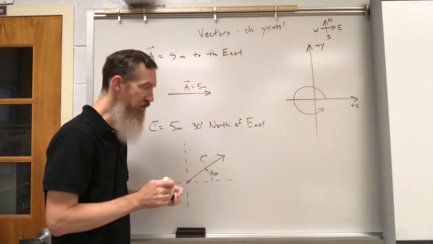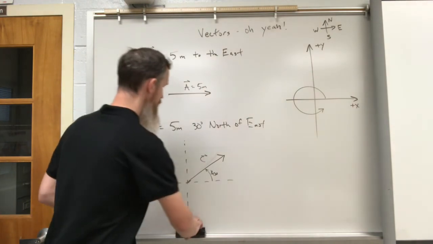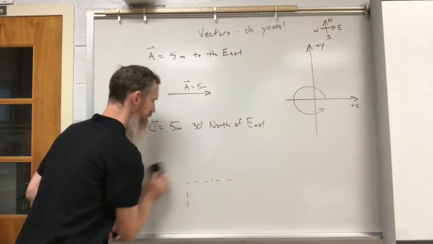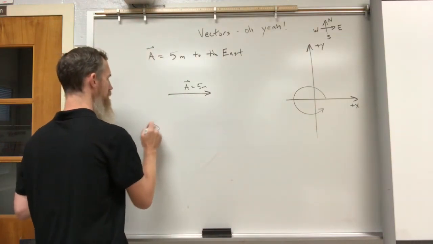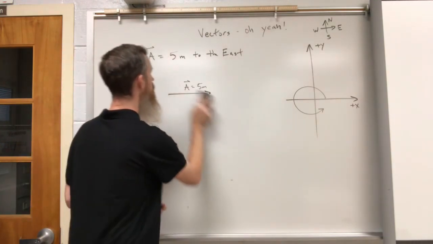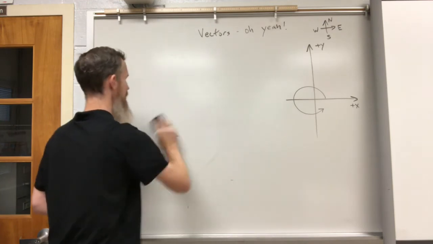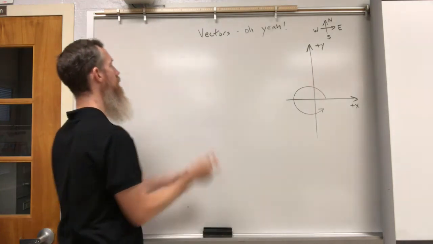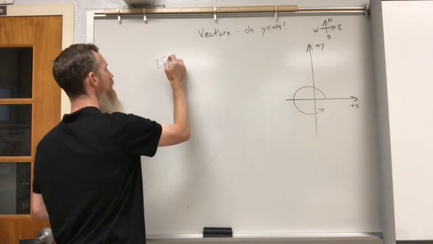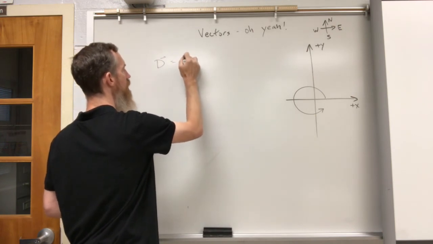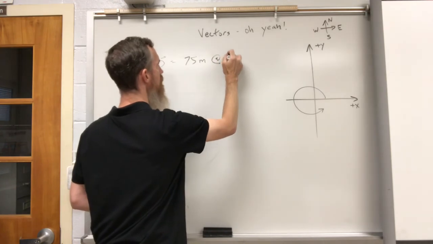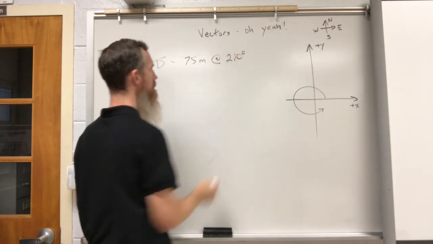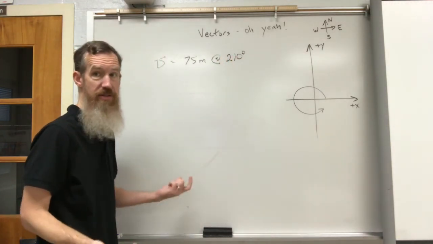Now that means you could get something as strange as, and we'll do it, vector D. Another problem, let's pretend that we are switching gears, we're no longer on a coordinate system. If vector D is 75 meters at 210 degrees, you could get that, and that's just like math class.